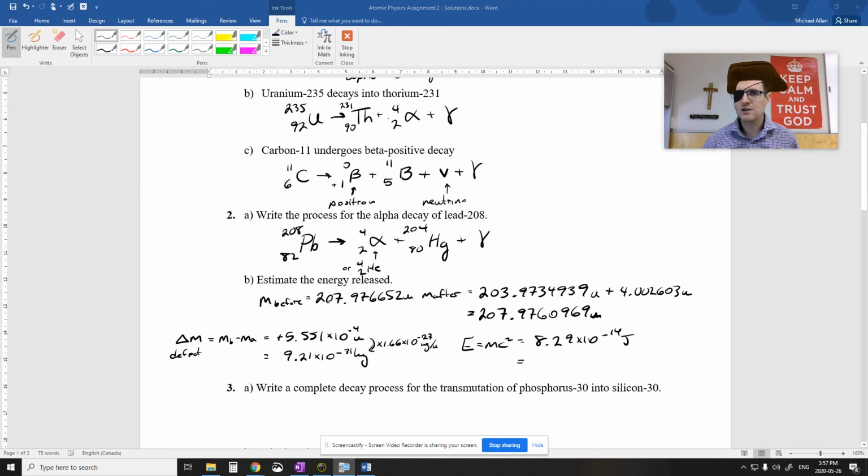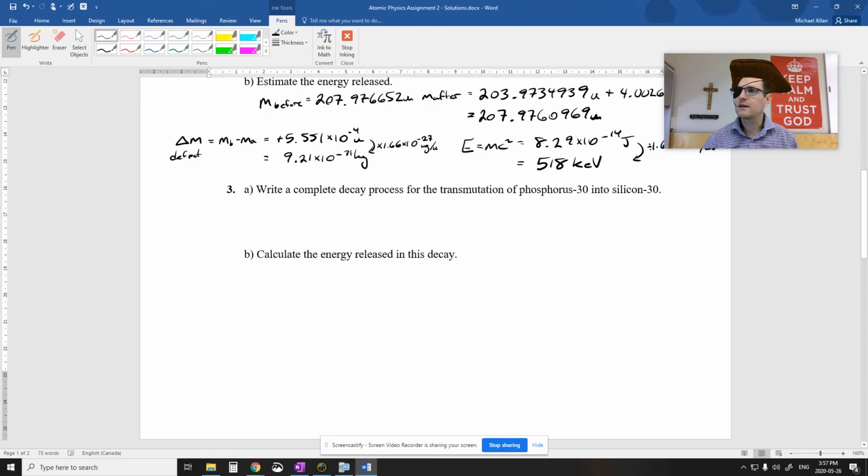I'm going to change it into electron volts by dividing by 1.6 times 10 to the negative 19. So I get 518,000, which is kilo electron volts. Cool.